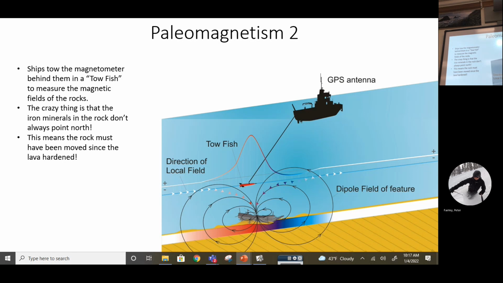Doesn't that mean we probably moved those rocks? Yeah. So the rock must have moved since the lava hardened. That's the big idea. The magnetic field doesn't point north, which means that the rock must have moved. How would it move? By plate tectonics. Convection currents carrying the sea floor around.